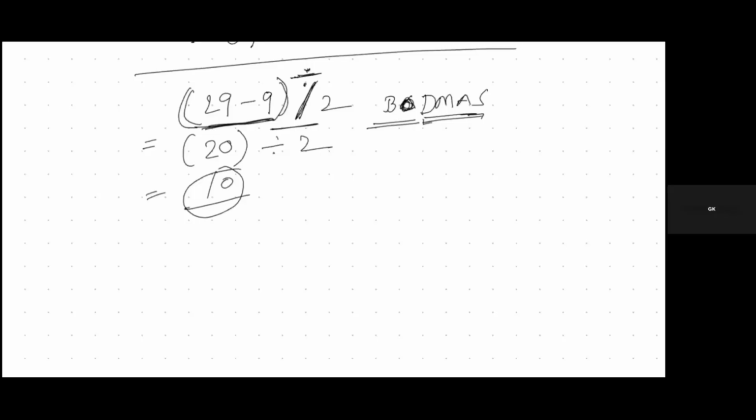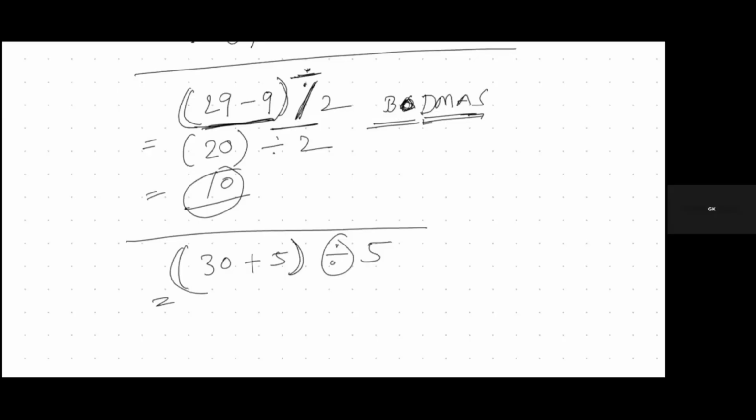Let's say 30 plus 5 divided by 5. Again, there's a division sign first, but we're not solving the division sign because there's a bracket involved. Since there's a bracket, we have to solve the bracket first.